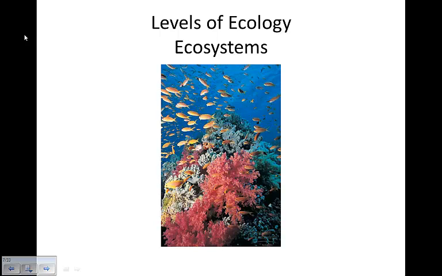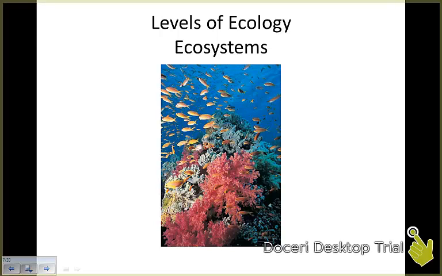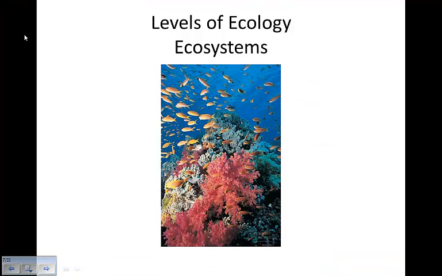If you look here, the biotic factors, the fish, are interacting with the water, which is abiotic, or the biotic factors of the coral reef are interacting with the water, or with the soil, or the temperature of the water. All of those abiotic and biotic factors interact with each other at the ecosystem level.